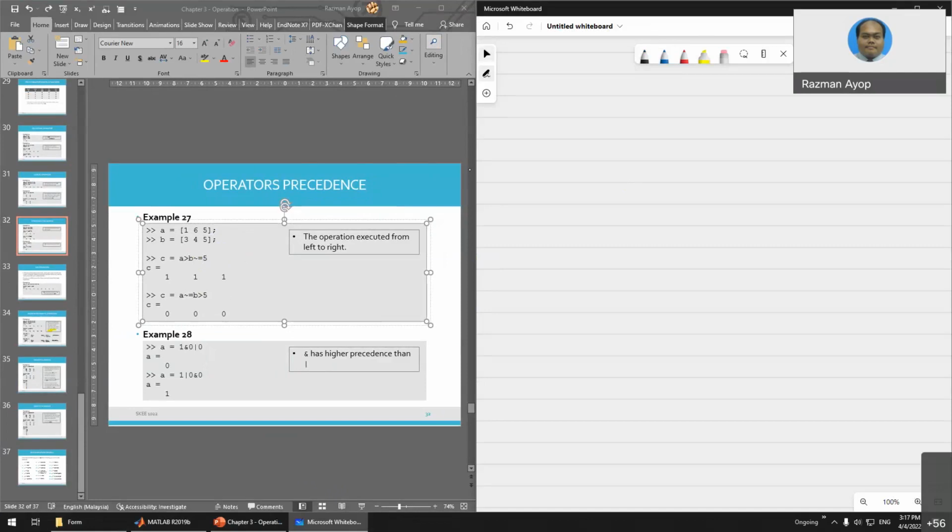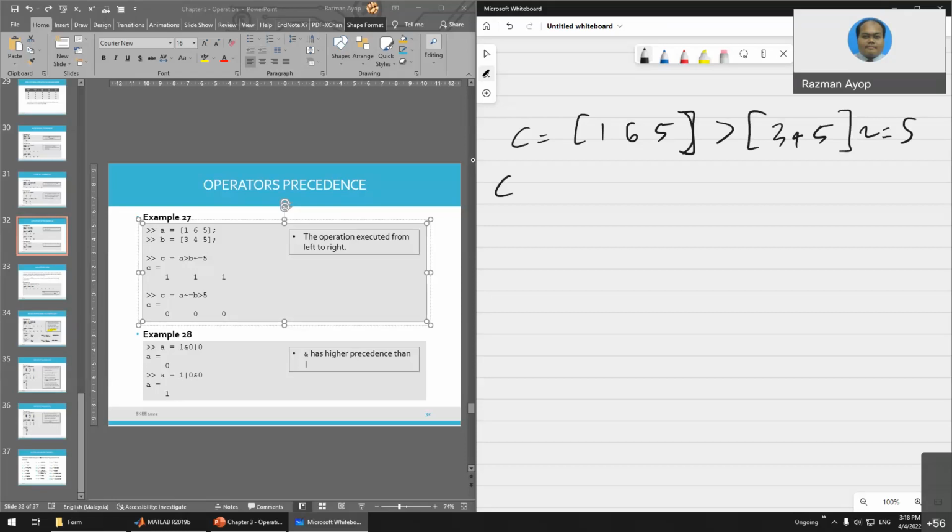When you have the same precedence, always start from the left. So C is equal to, what is A? A is 1, 6, 5, and then more than B, which is 3, 4, 5, and not equal to 5.